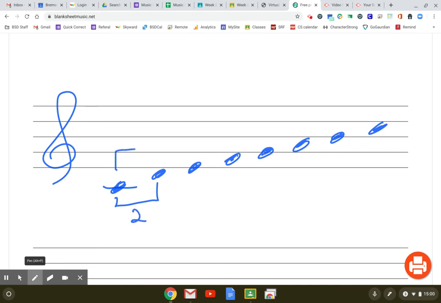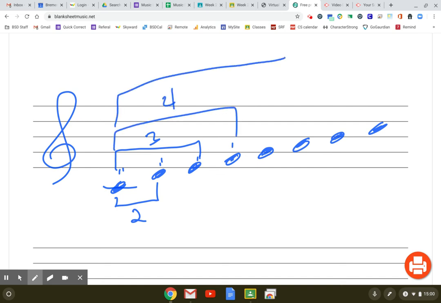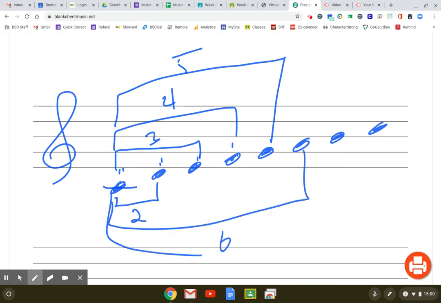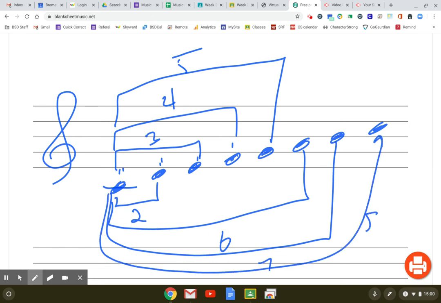These two notes are a third apart. That's 1, 2, 3, they're a third apart. And then 1, 2, 3, 4, C to F is a fourth apart. C to G is a fifth apart. C to A is a sixth apart. C to B is a seventh apart. And C to high C is an eighth apart, or an octave apart.